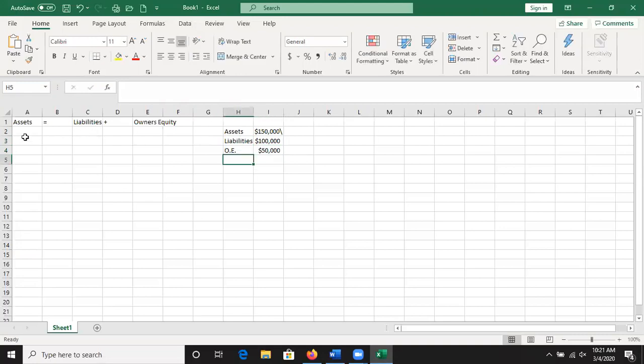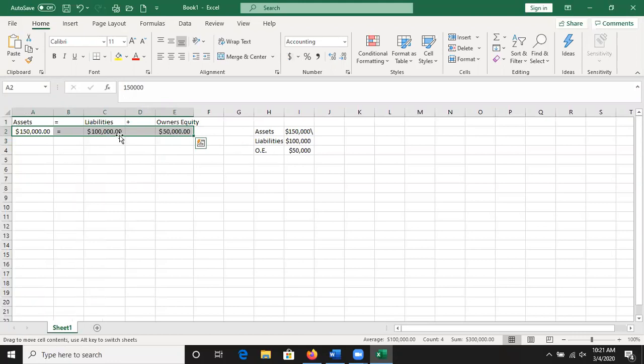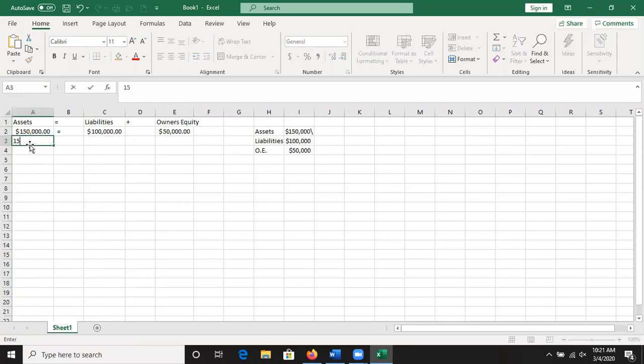Okay, if we were to put this in right now, assets of 150 equal liabilities of 100,000 plus owner's equity of 50,000. Okay, put that in dollars. Does 100,000 plus 50,000 equal 150,000? Yeah, it does. 150,000 equals 150,000. So this is what the equation means. They have to always equal.